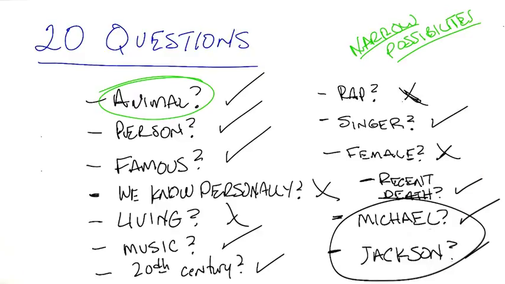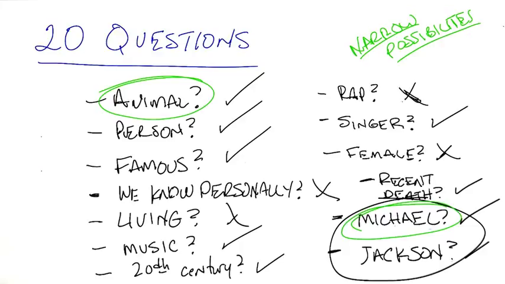So actually, that's an interesting point. You started with animal. You could have started with Michael. And if I had said yes, that would have told you something. But if I had said no, it wouldn't have told you hardly anything at all. Right? So animal is a better attribute or feature to ask about than Michael as a first question. You agree with that? Yeah, because it could have been like a stapler or something like that, and then the Michael question would have been pretty silly.